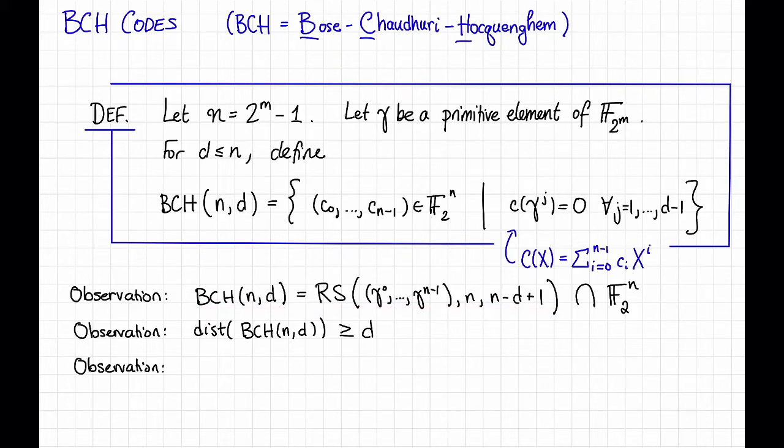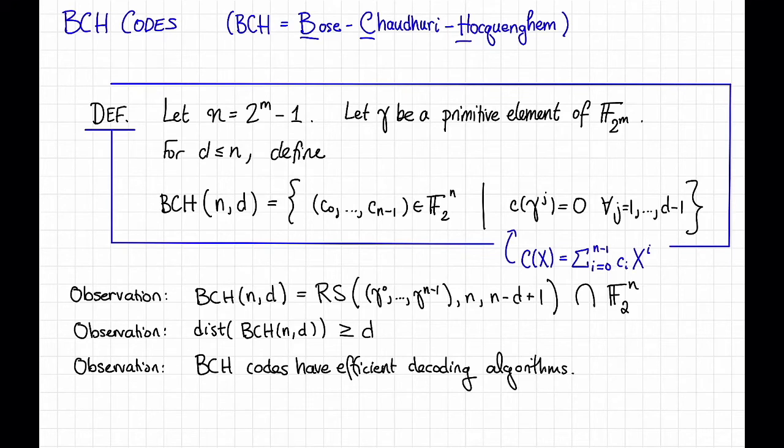A related observation is that BCH codes have efficient decoding algorithms. In particular, we can use some of the algorithms that we already saw for Reed-Solomon codes and use them for BCH codes. Actually, the intellectual history goes the other way. Some of these decoding algorithms, like the Berlekamp-Massey algorithm, were actually developed first for BCH codes and then extended to Reed-Solomon codes.